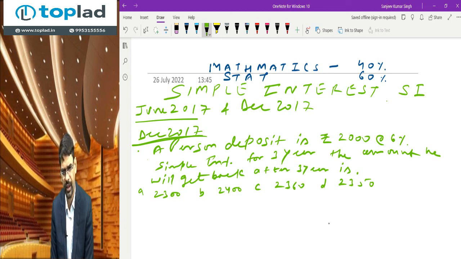Which one is the correct answer? A, B, C or D? After 5 minutes, I will solve this question for you. Try, at least try.